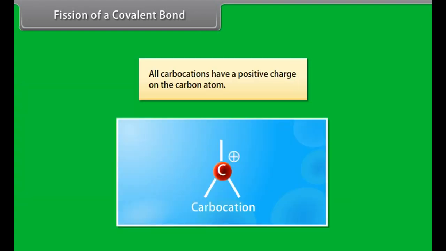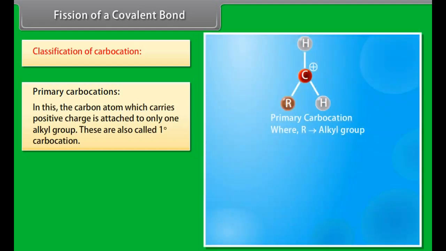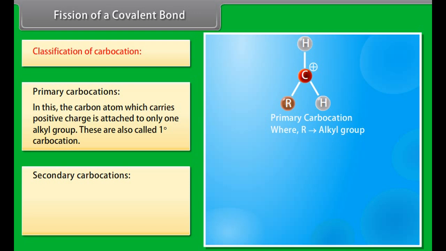all carbocations have a positive charge on the carbon atom. Classification of carbocation. Primary carbocations. In this, the carbon atom which carries positive charge is attached to only one alkyl group. These are also called 1-degree carbocation. Secondary carbocations.